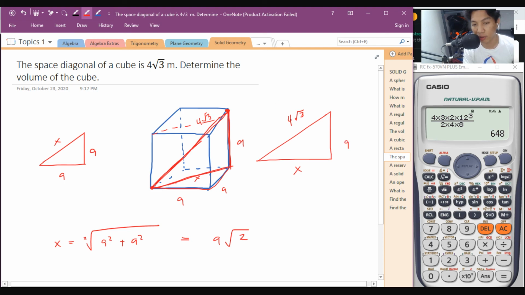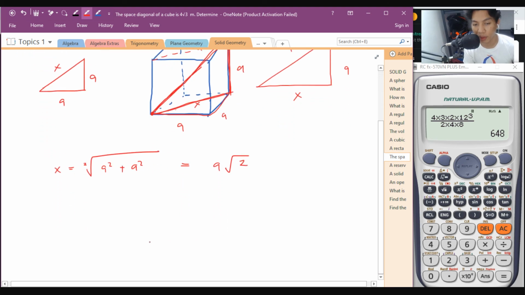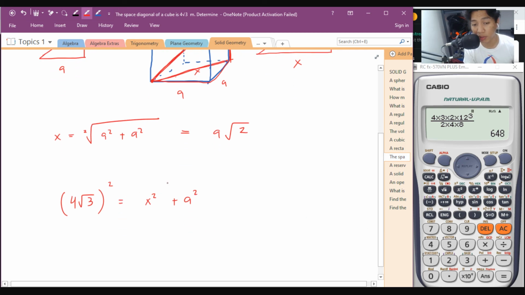Hanapin natin ngayon yung volume ng cube. Hanapin natin si a. Okay? You have 4 square root of 3 squared equal to x squared plus a squared. Ano ba yung x squared? Ayun o yung value. Diba? Magiging 4 squared, 16 multiplied by 3 equal to x squared. That is, square ko lang to. A square root of 2 squared plus a squared.